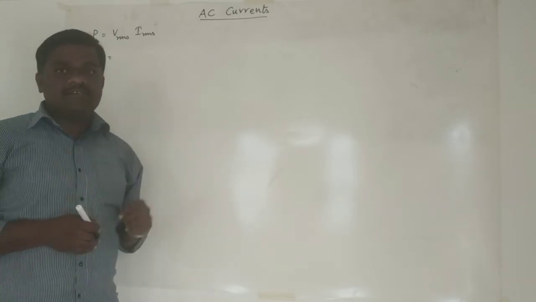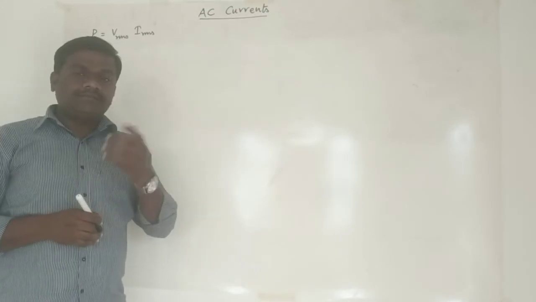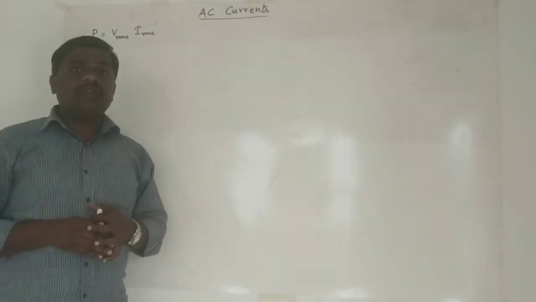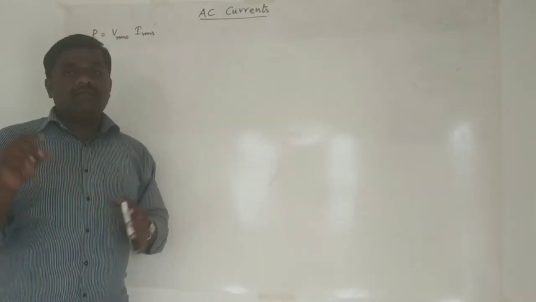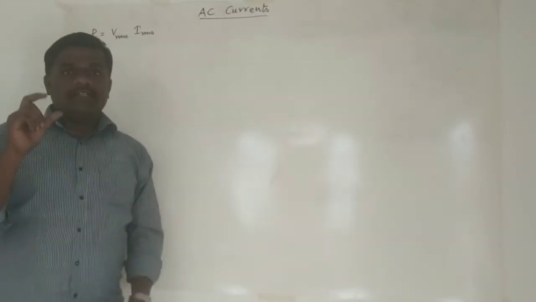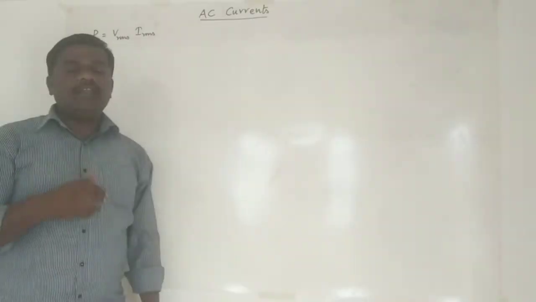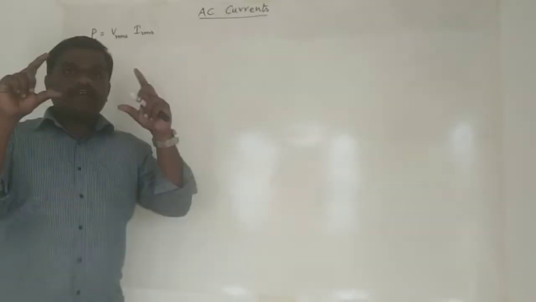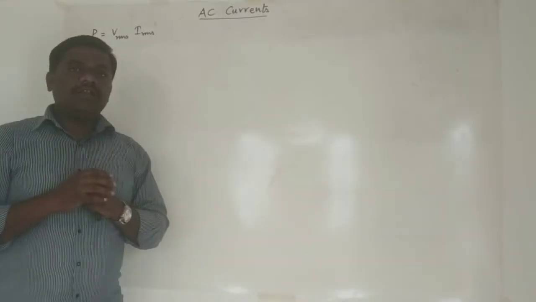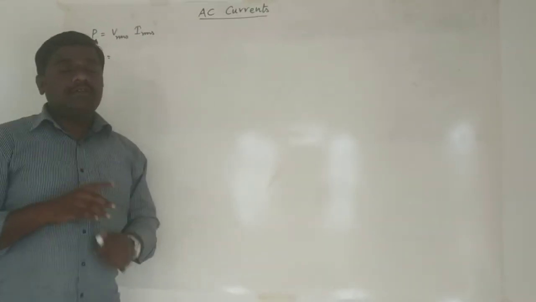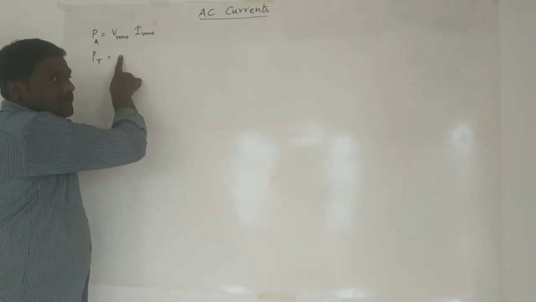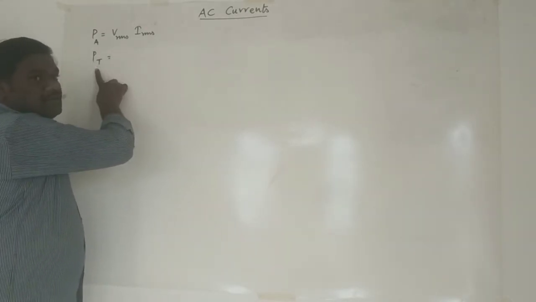For example, let's take an LED TV, which takes about 110 watts. You can find the power ratings at the back of the TV, where the power card goes inside. There you can find a technical label mentioning how much power it consumes. Assume a TV takes 220 volts and its true power is 110 watts.